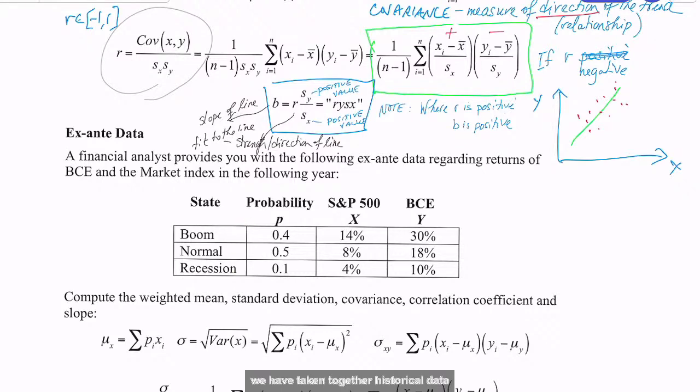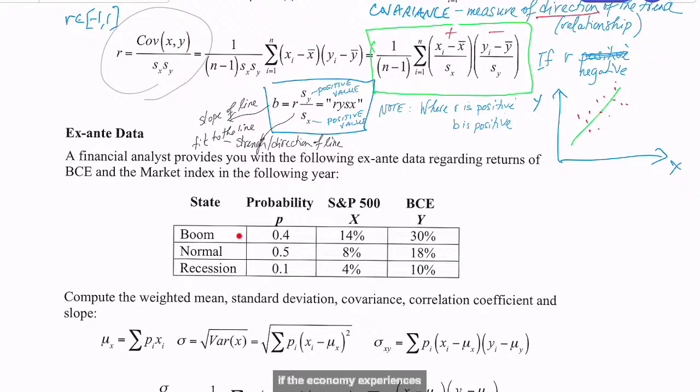We have taken together historical data, we've taken together predictions of market performance in the future. We've taken some information on fundamentals of this company stock and future prospects. We put it all together and created this distribution with 3 possible outcomes.